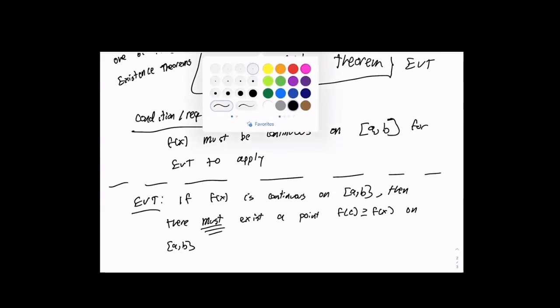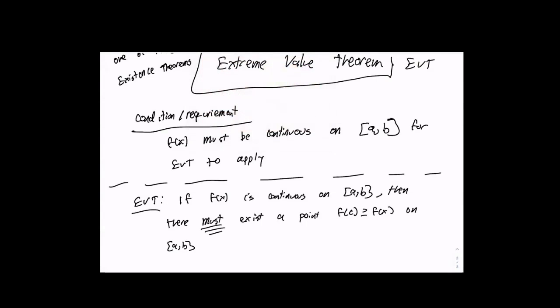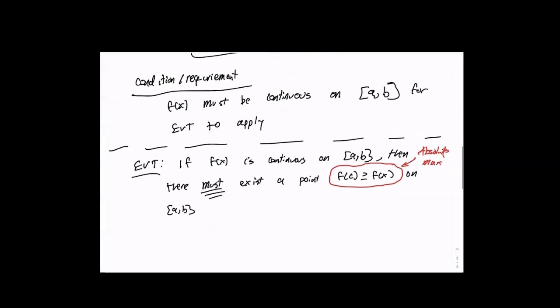Now, a lot of people do not understand what this part means right here. All this says right here is absolute max. Now, I write it this way because on the AP exam, they will note this. This is a very common one. It just says there's a point that's higher. There's an output that's bigger. That's the biggest output. All right. So there is a point that is bigger than all of the other points.